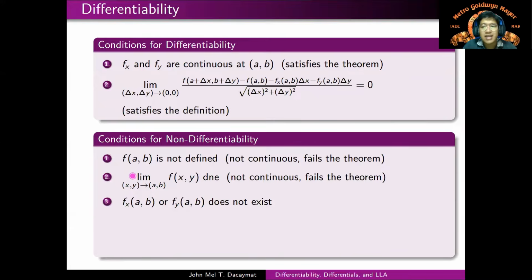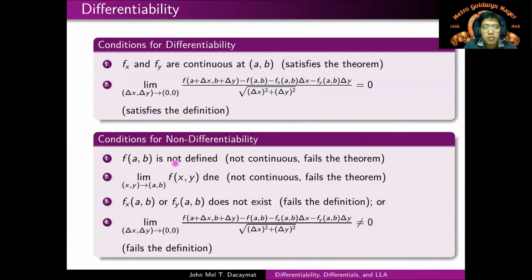Third condition is that if the first partials at ab do not exist, because these are parts of your definition, no? Aside from the limit, kailangan din to, di ba? And number 4, if this limit happens to be not 0, pwedeng does not exist, or pwedeng nag-exist naman pero hindi lang 0 yung limit, no? Then hindi pa rin differentiable yung f mo at ab.